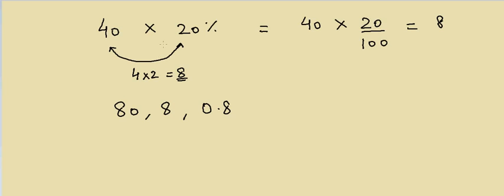We know that we have to multiply them, so if we make any mistake with the zeros, these are the three possibilities. 80 is not possible because that's too far, a much higher number. 20%, we know, has to be smaller than 40. And 0.8 is too small of a number. 20% is like 1/5 of a number, and 0.8 is too small. So we have to have 8, right?